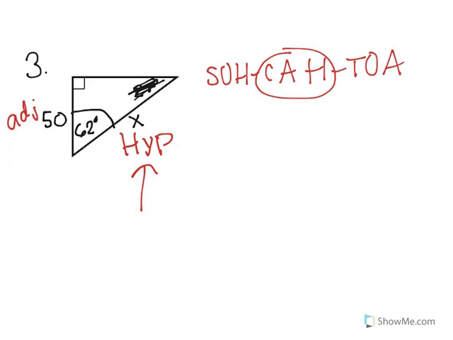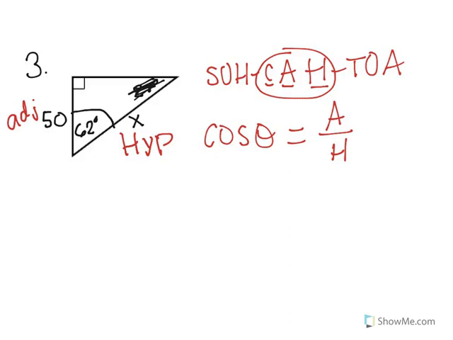Choose correctly. Okay, so then write out your ratio. Cosine of your angle, C stands for cosine, equals A over H. Then we plug in. My angle is 62 degrees. A side is 50. My H side is x.